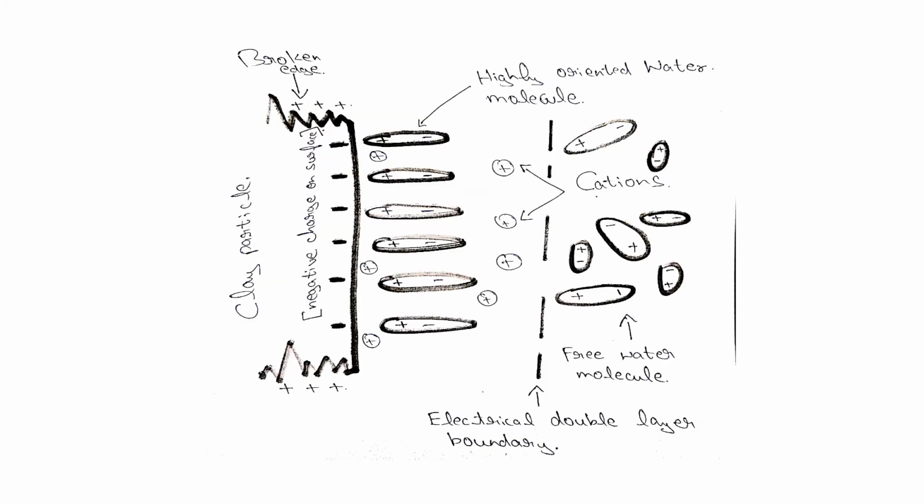Now, when this water molecule comes in contact with soil, I mean the BC soil, the positive side of water gets attracted and binds over the negative surface of clay particle as shown. Also, various cations present in solutions such as potassium or magnesium ions also bind to the surface of clay particle.